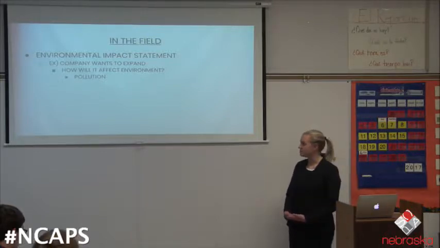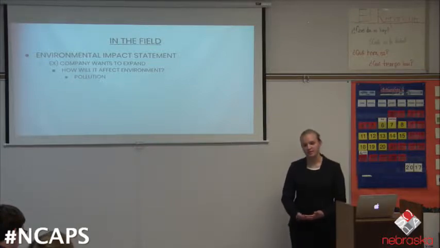Like, say, for example, if a company wanted to expand, they would hire an environmental engineer to come in and say, how is it going to affect the environment? Say they want to build another factory. Is it going to pollute the groundwater or cause leaks? They just need to watch pollution, make sure that the environment is not damaged.